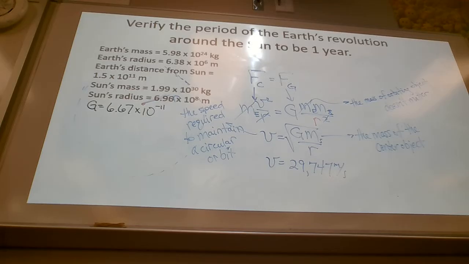Just to let you know, 29,747 meters per second is roughly 60,000 miles per hour. So that's like 17 miles a second.